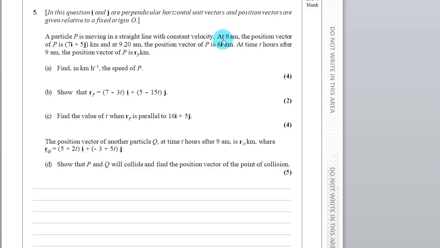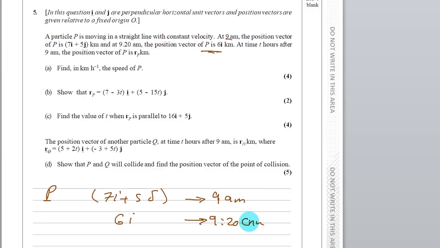At 9 a.m. the position vector of B, we have particle B, is 7i plus 5j, and at 9:20 a.m. the position is 6i.